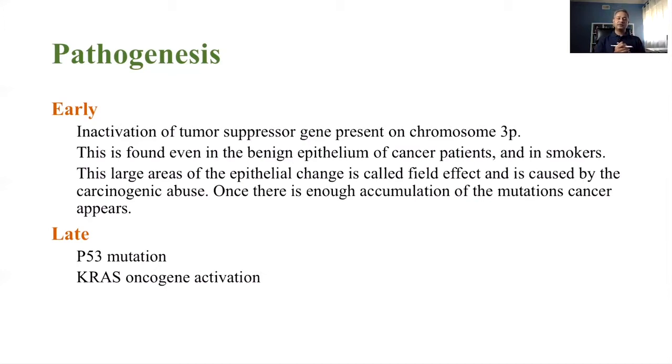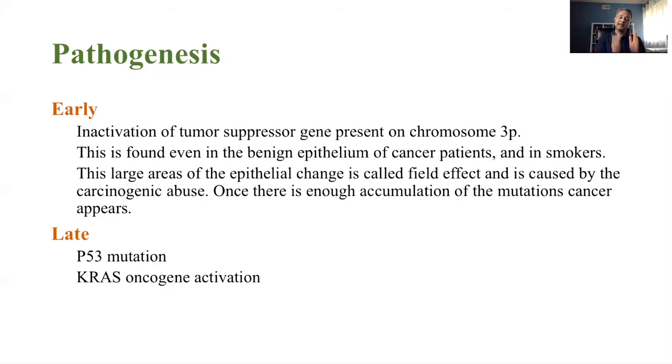Most important early signs are inactivation of tumor suppressor genes present on 3p. It is very interesting that even patients who have benign lesions show mutations of the genes in their epithelium. Similarly, even smokers who do not yet have cancer start exhibiting gene mutations in their epithelium.